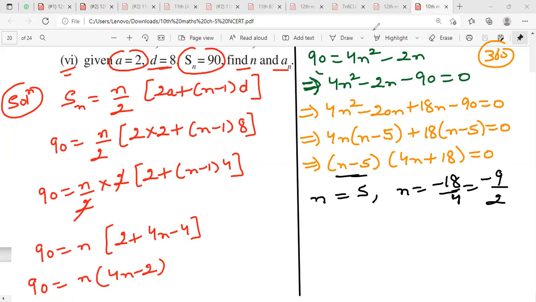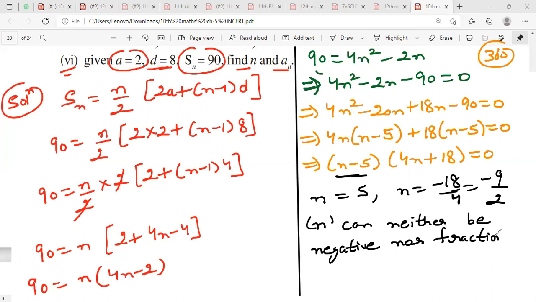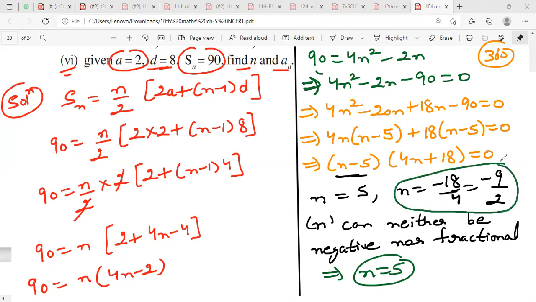Now we know that n can neither be negative nor fractional, right? n can be neither negative nor fractional, so this value is not possible. So can I say that the value of n will be 5.